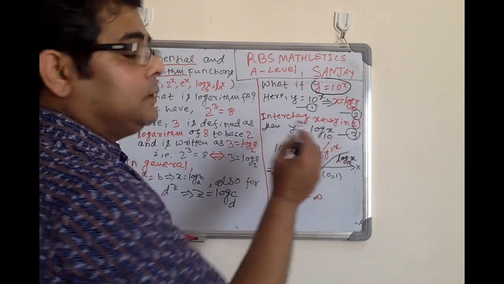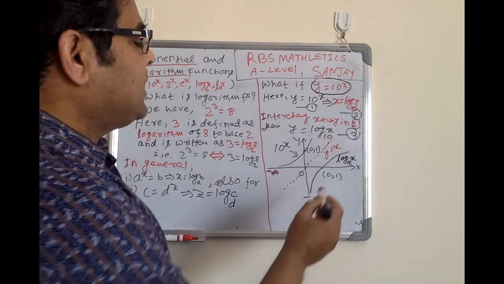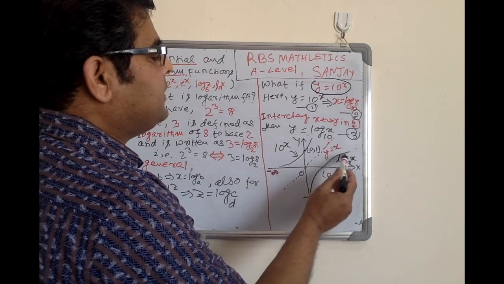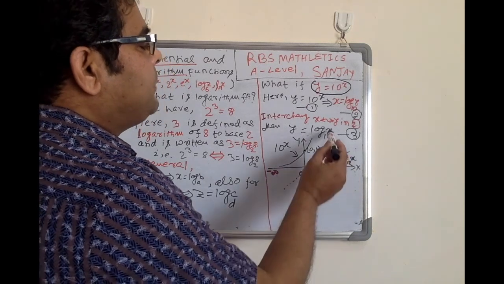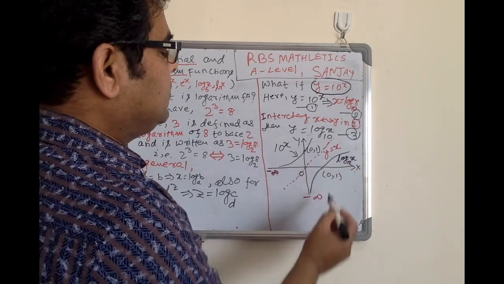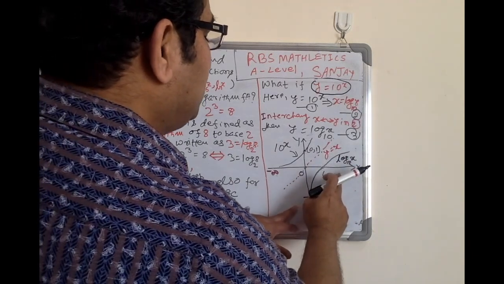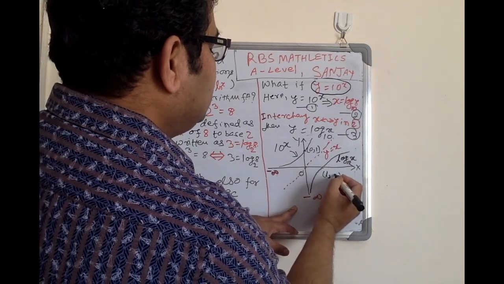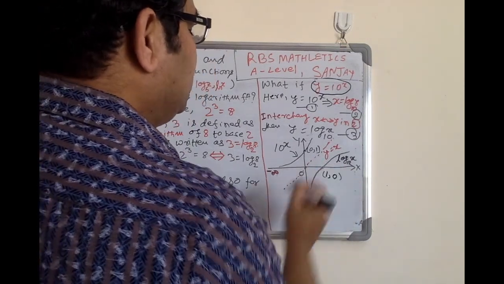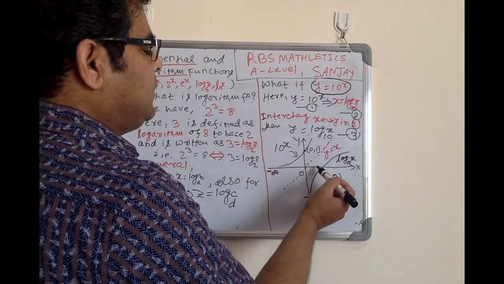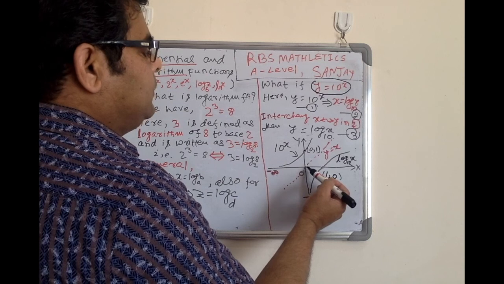Now if you try values more than 1 in the calculator, you will see that the curve is slowly rising this way.